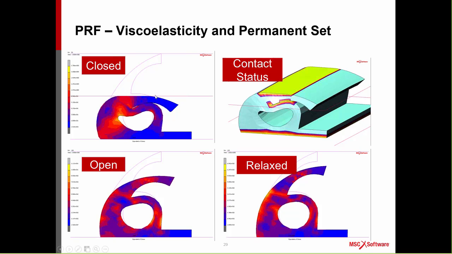And in the case where we had plasticity or permanent set, we closed it as well, really the same contact status. It opened up. We removed the door. There was a certain element that with a long period of time would effectively relax to this particular state, but there's still permanent set in the particular model.